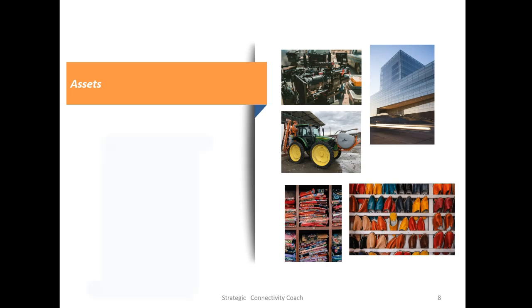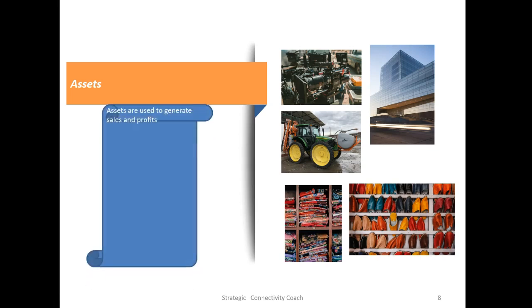So they own it. The assets are there not to just look pretty on the shelves, but to generate sales and profit, which means they have to be sold at a price where they can make profit. Or if they have a building, they want to make sure that building is effectively utilized to create some level of sales and profit for the company.